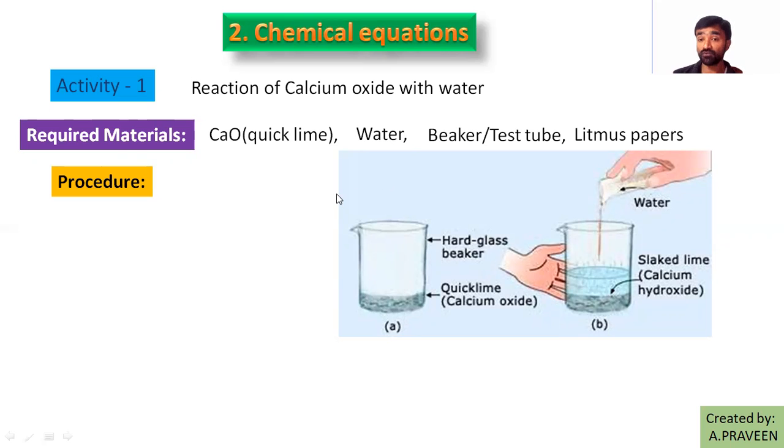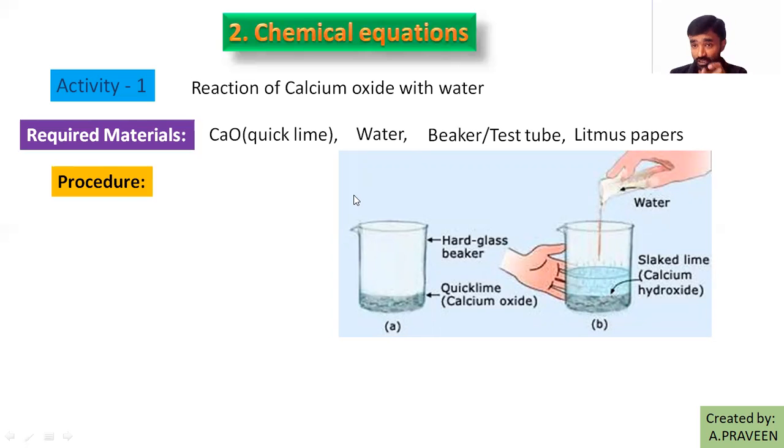Here we will notice the heat change, the contents become warm. Then one more thing you need to notice: we have litmus papers. Before, does the water have any nature? No nature to the water. Then after adding calcium oxide, something happened between water and calcium oxide.